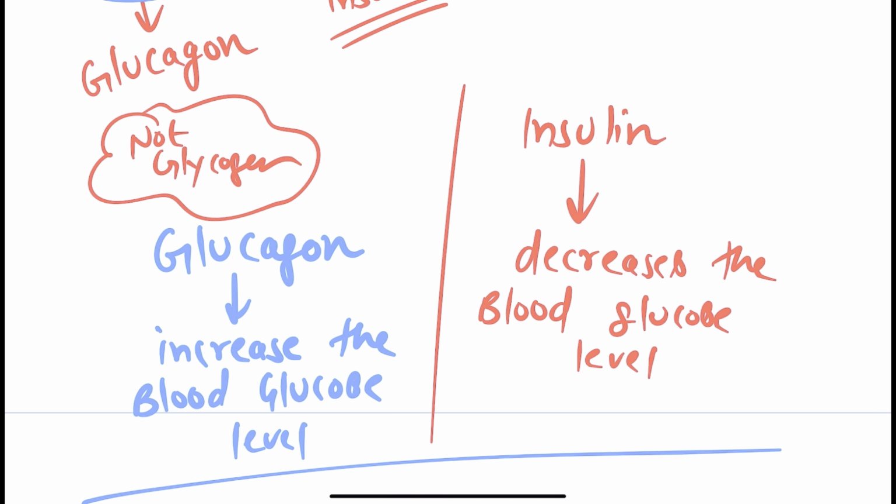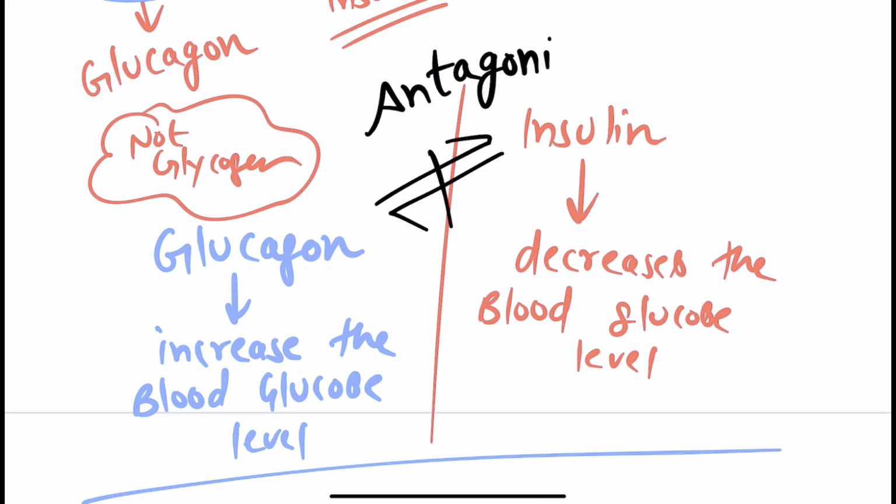Insulin decreases the blood glucose level, whereas glucagon increases the blood glucose level. Hence these two very important hormones function opposite to each other. And when hormones function opposite to each other, those hormones are known as antagonistic. So that is how the level of glucose is regulated or maintained inside the blood.